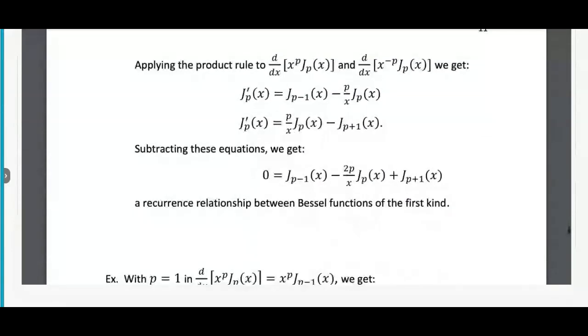But we want to know the relationship. I think Albert showed something about this relationship. So we see the order p minus 1, p.